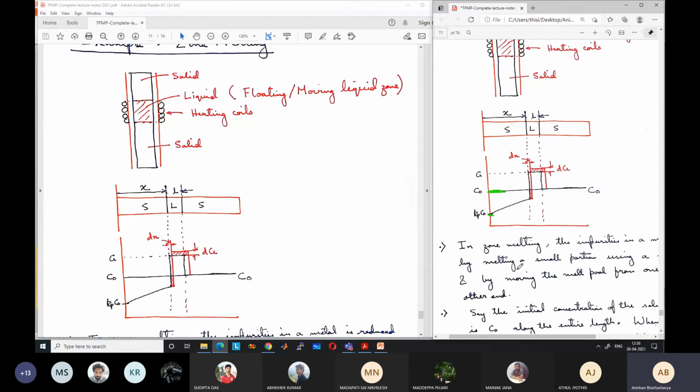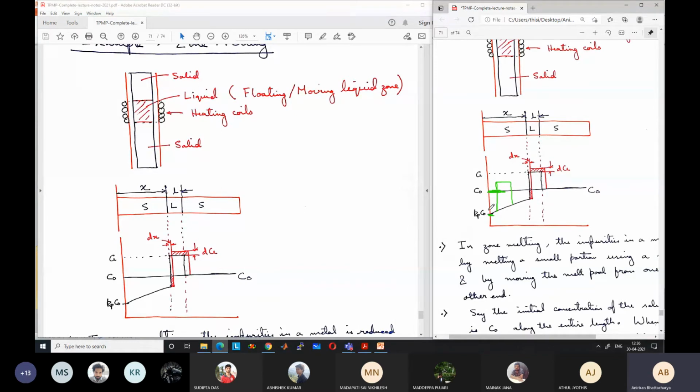Now what is happening? The heater has moved forward, and say at this point, this is the molten region, and this is the solidified part.